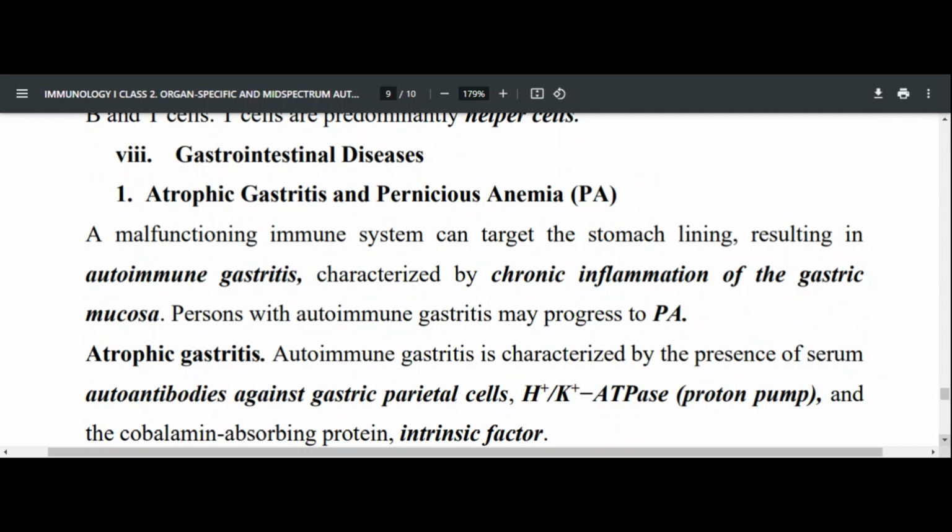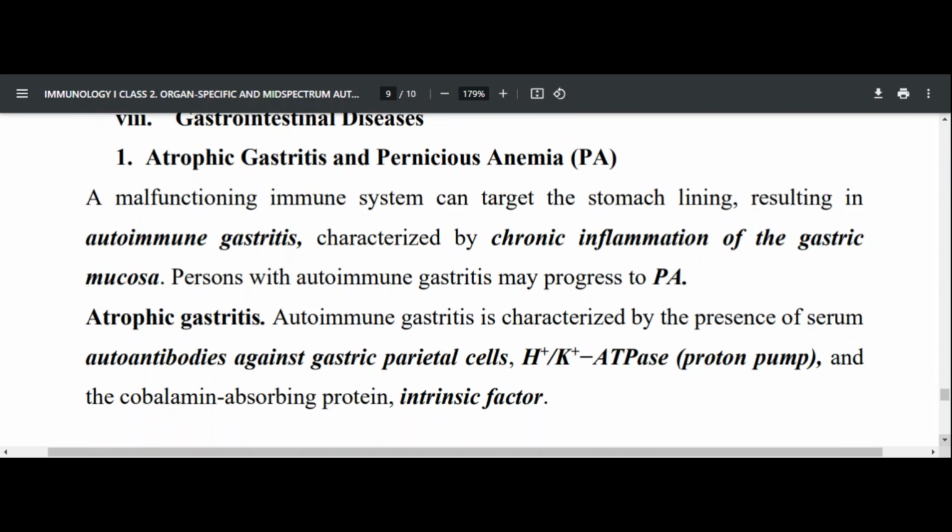Intrinsic factor is required to prevent pernicious anemia, because intrinsic factor is a carrier of vitamin B12. If intrinsic factor is not produced because of an autoimmune disorder, then there will be a problem of pernicious anemia, which is a part of megaloblastic anemia.